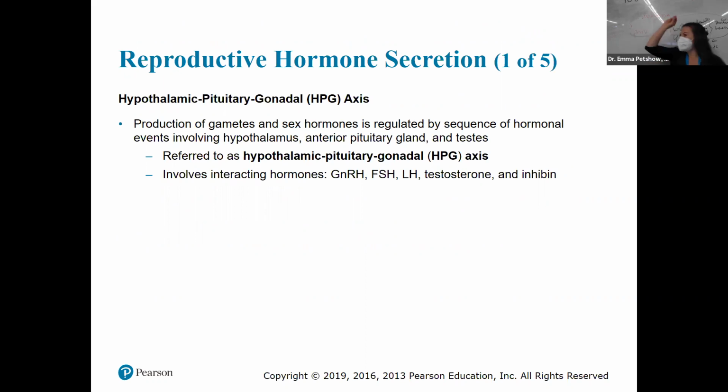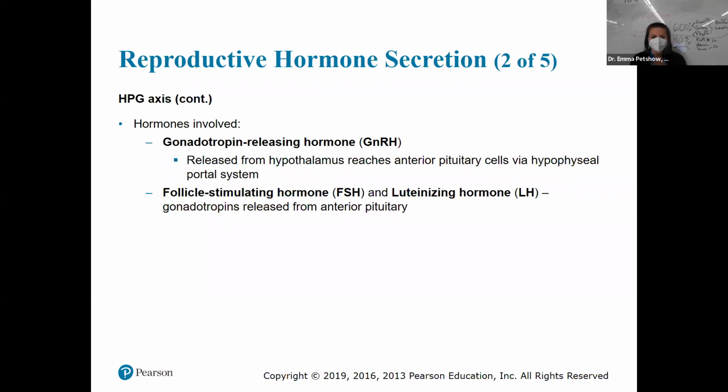And this is where we're thinking about what was produced in the hypothalamus, the pituitary, and then what effects it has on those primary organs. So our hormones involved are GnRH, FSH, LH, testosterone, and inhibin. We'll talk a little bit about some of those hormones, but we'll skip the ones we've already covered. So we've talked a little bit already about gonadotropin releasing hormone, GnRH.